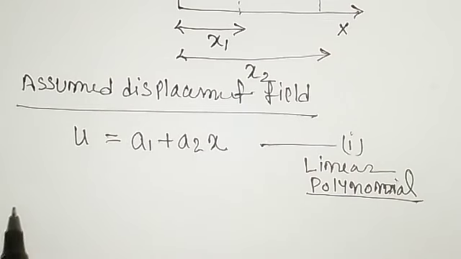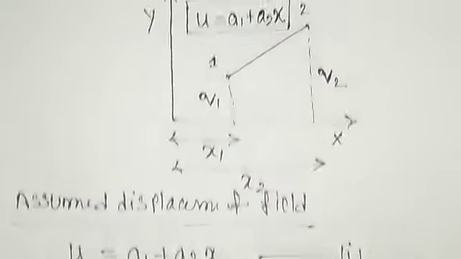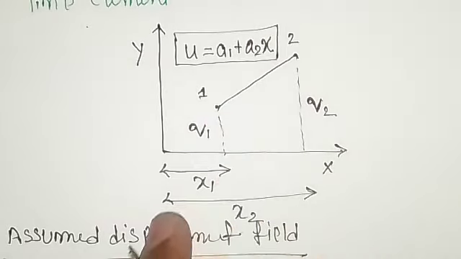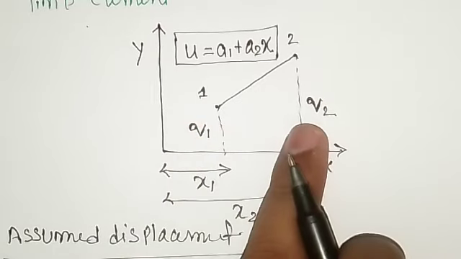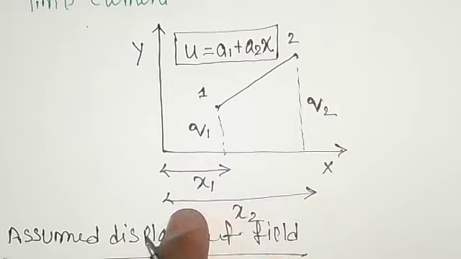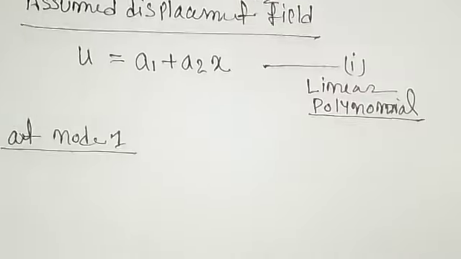So now we will take each node. First we are taking node 1, right? At node 1 what is the boundary condition? Let's see that at node 1, x is equal to x1 and u is equal to q1. At node 2, x is equal to x2 and u is equal to q2. That u is the nodal displacement, right?